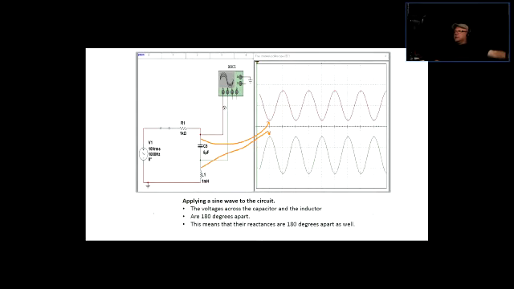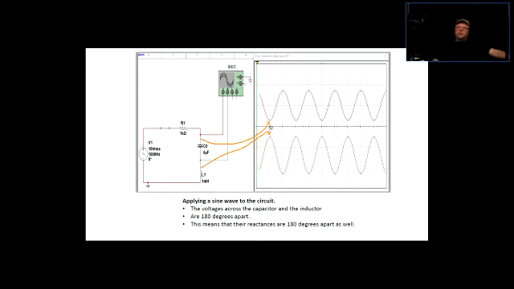Right. So now, when we have both components in the circuit, and I scoped it on Multisim, the voltages across the capacitor and the coil are pretty much 180 degrees apart.